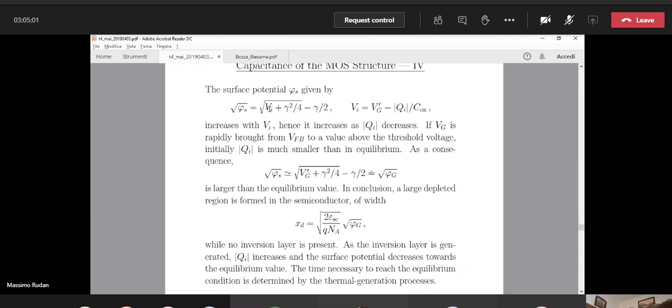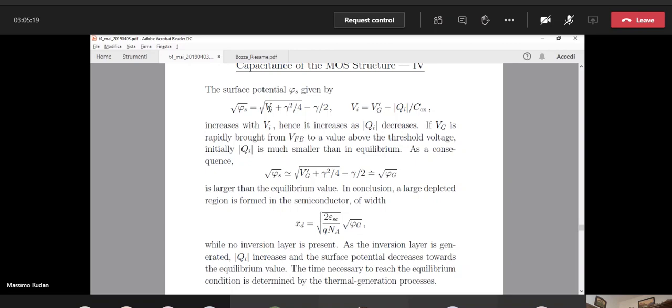So in practice, when we apply a pulse to the gate of the MOS capacitor, we open up a very large depleted region, and we do not have initially an inversion layer.